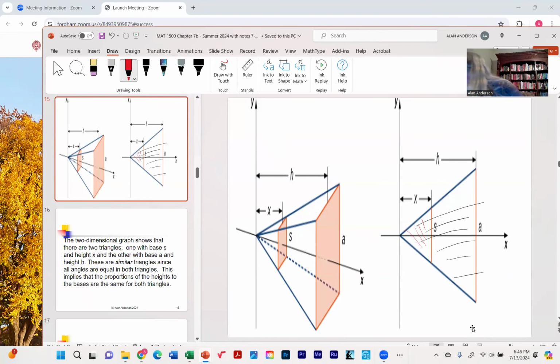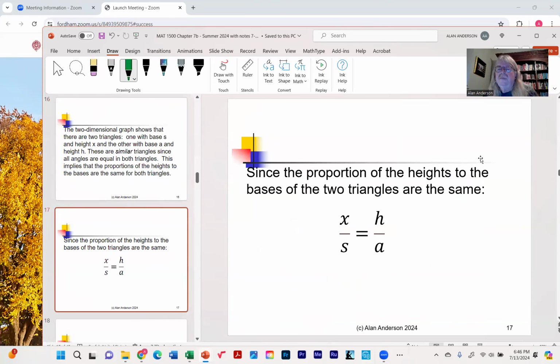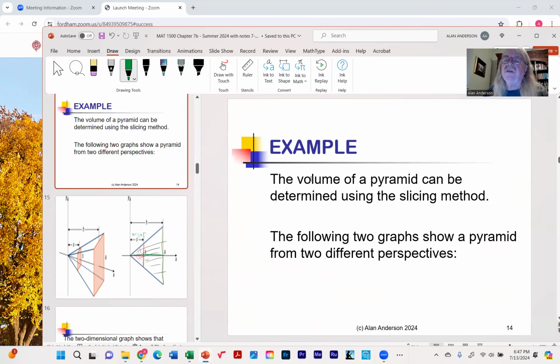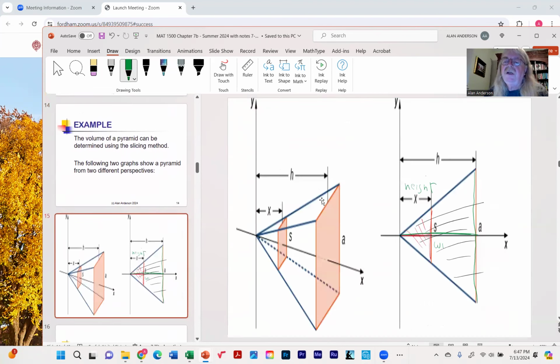So in other words, the height relative to the base is the same for that smaller triangle as it would be for the larger triangle. So the angles are the same in both triangles. So that implies that x over s, which is the height to the width, or the base. I guess we should call it the base because it is a pyramid that we're using here.